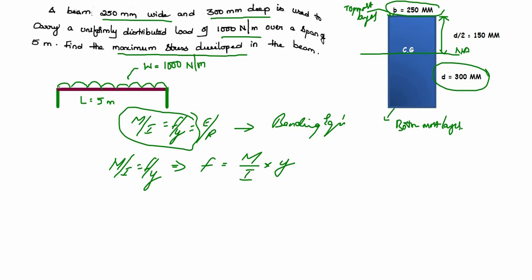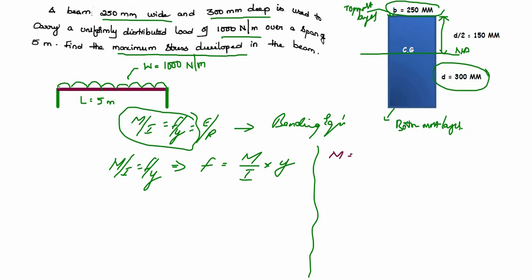Okay, so since it is a UDL load that is acting on this simply supported beam, 1000 Newton per meter, it is very easy to calculate the bending moment, right? See here, let me calculate the bending moment. So what is the maximum bending moment, guys?